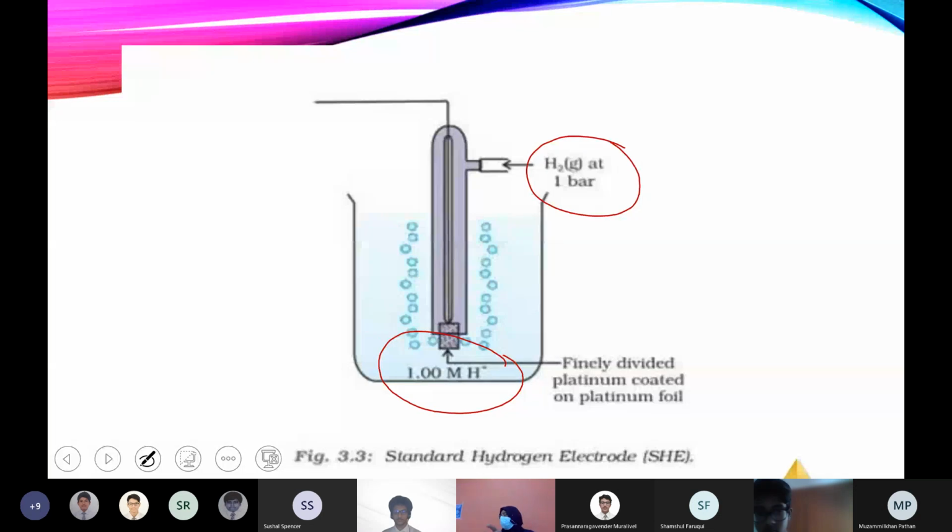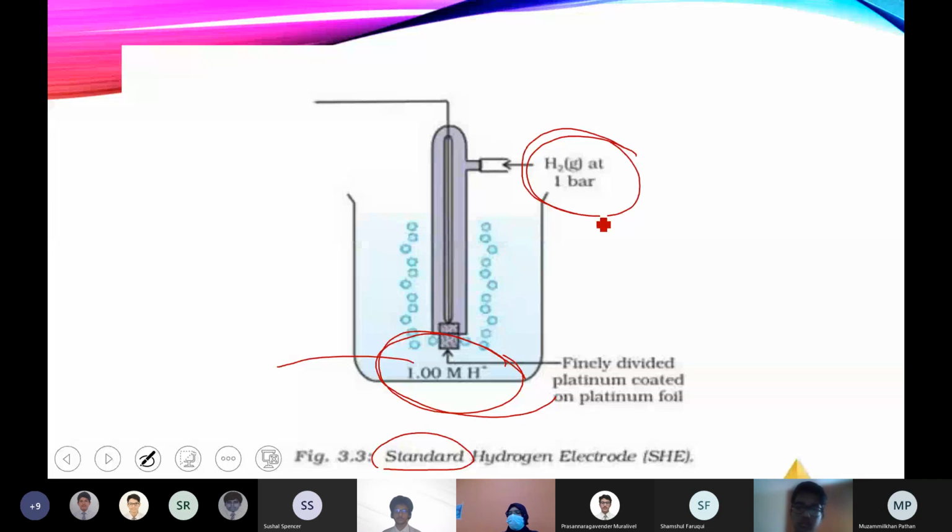Then only it is known as standard. If you change the concentration to 2 molar or 0.5 molar, then it's not standard hydrogen electrode. Whether it's a standard electrode potential or standard hydrogen potential, the concentration should be unity, meaning 1 molar, or 1 mole per decimeter cube.